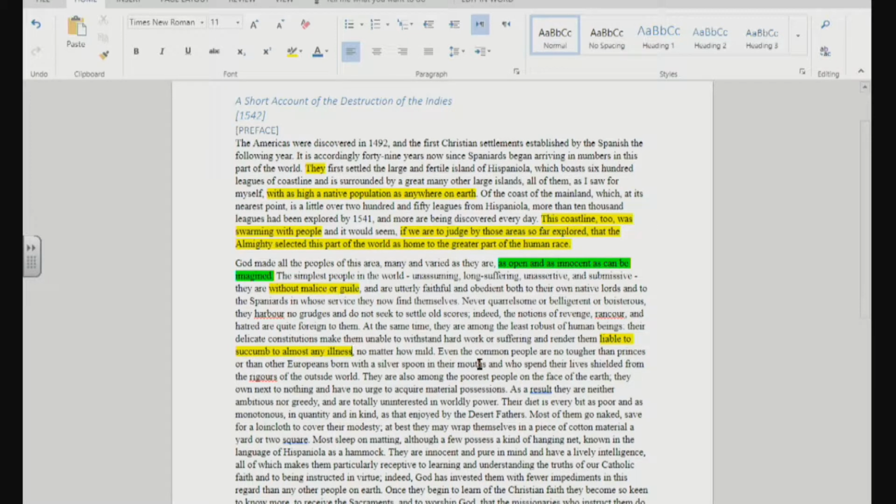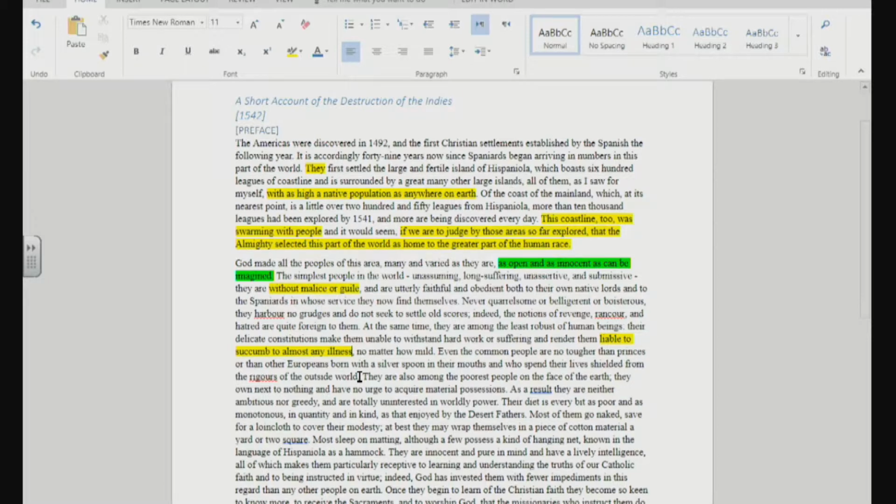So Europeans born with a silver spoon in their mouths would be aristocrats, wealthy people who don't have to work, and he's comparing common Americans to Europeans who don't have to work and therefore have what he thinks of as a weak constitution, have difficulty surviving without food, have difficulty surviving hard work, etc. Even the common people are no tougher than princes or Europeans born with a silver spoon in their mouths and who spend their lives shielded from the rigors of the outside world.